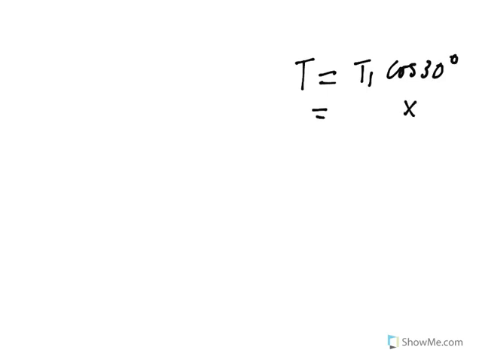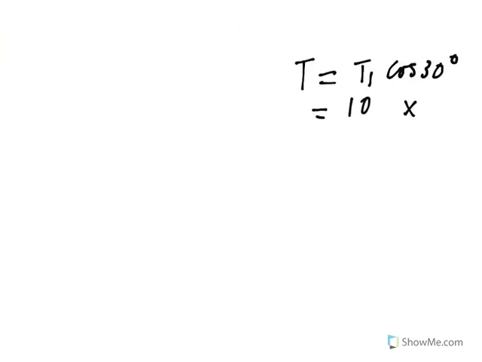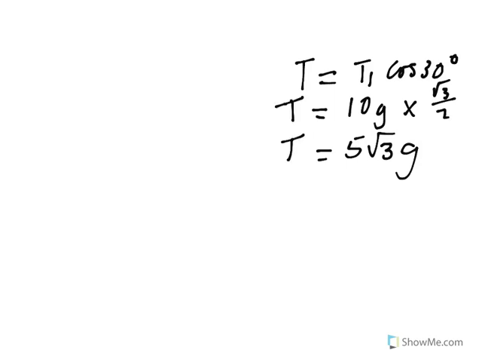T1 is 10g, cos 30 is root 3 on 2, so 5 root 3 g is what T is, and that's what we were asked to find out.